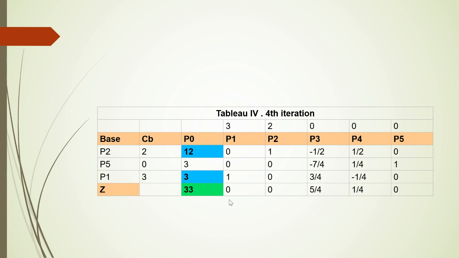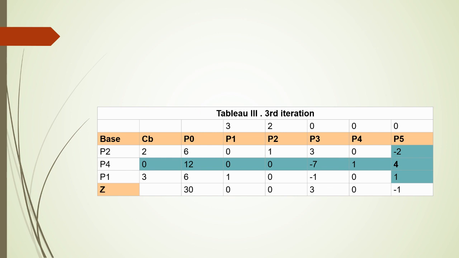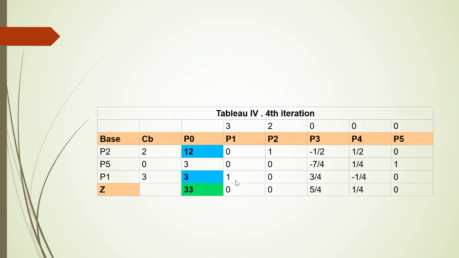For example, in the given problem, if we take cj minus zj, then we would have taken the most positive number as the entering column. And in the end, when we find negative numbers or 0, then the optimal solution is found.